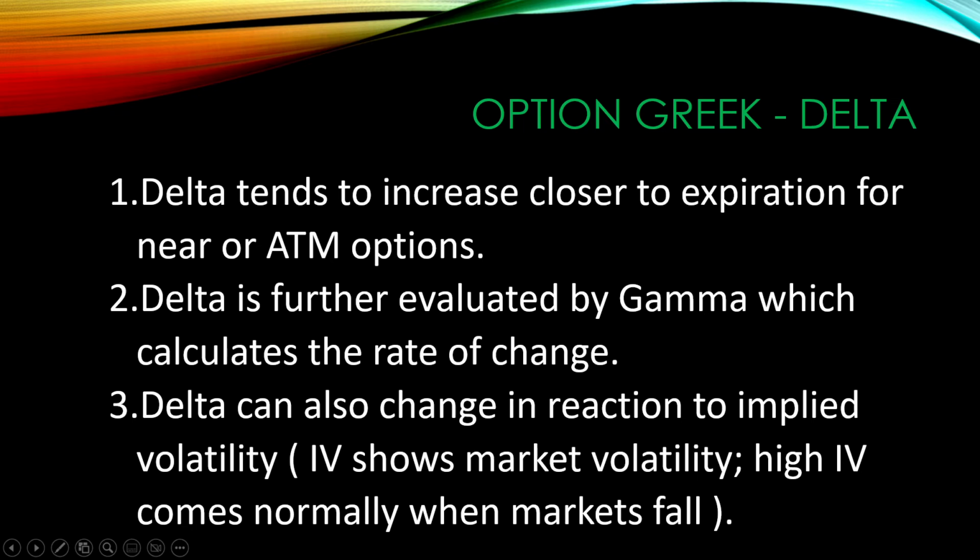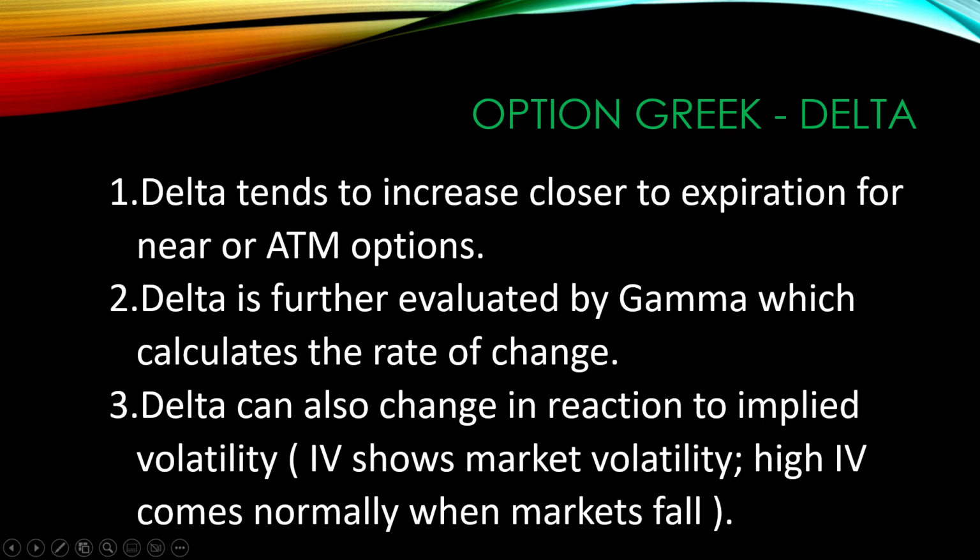Also the second point, delta is further evaluated by gamma, which calculates the rate of change. We have seen in the first slide there are 4 option Greeks. Delta, this is what we are discussing now, and the second one is gamma. So this gamma will also affect delta.